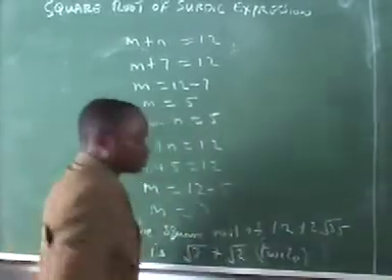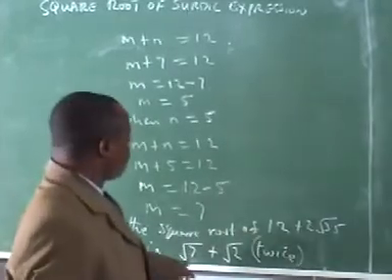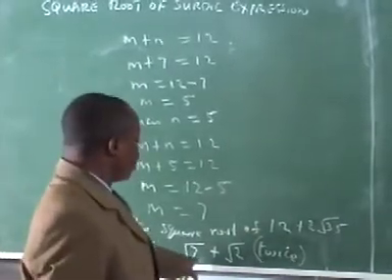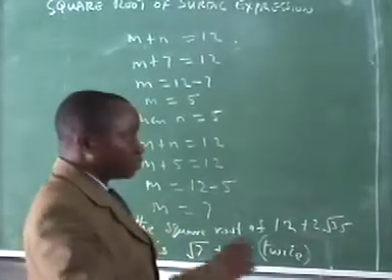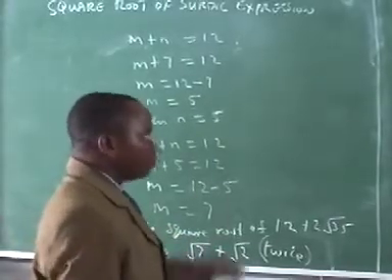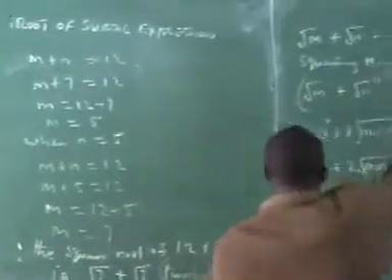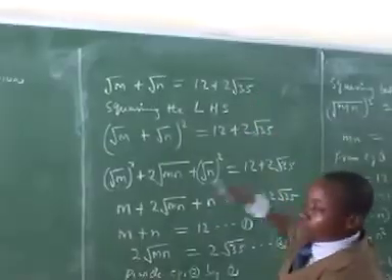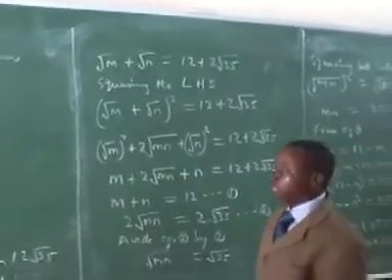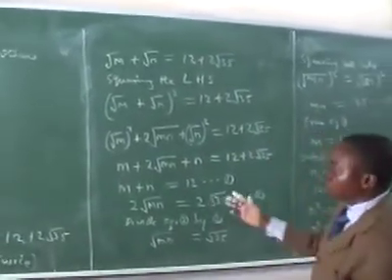We times it 2 times. But if you have a calculator, when you press root 7 plus root 5, and then you press square, the value that it will give you will be the same as when you press 12 plus 2 root 35. So that is what we use surds to do.